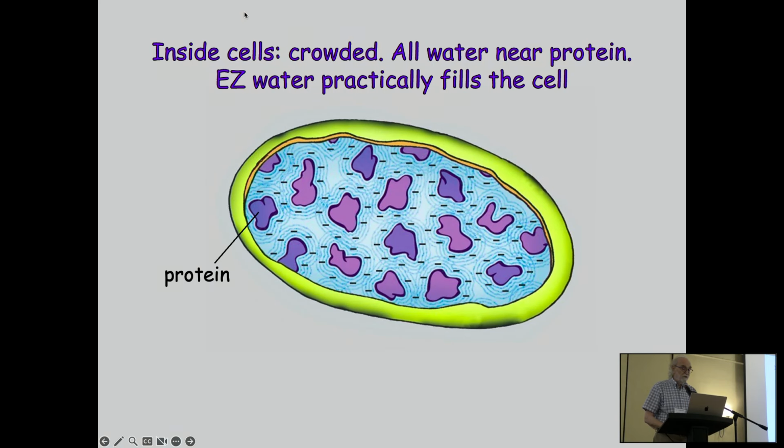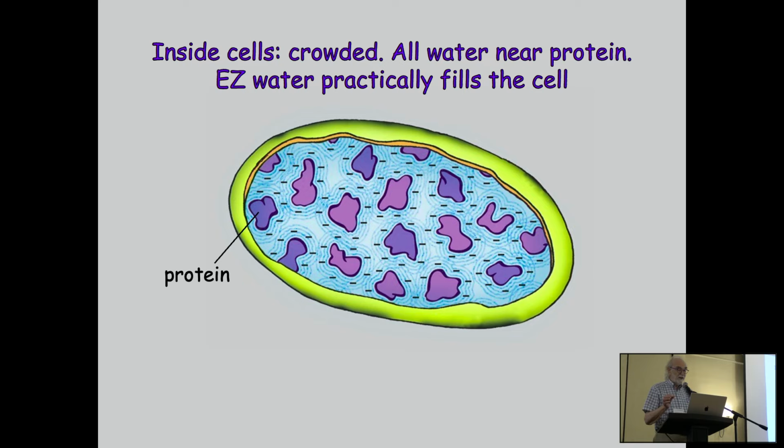So when you think about the cell, the inside of the cell is really crowded. This diagram grossly underestimates the crowdedness of the cell. And the actual distance from surface to surface is equivalent to the diameter of about 6 or 7 water molecules stacked upon one another.